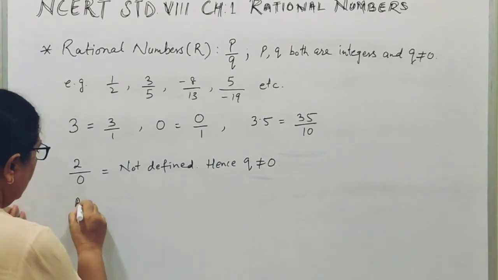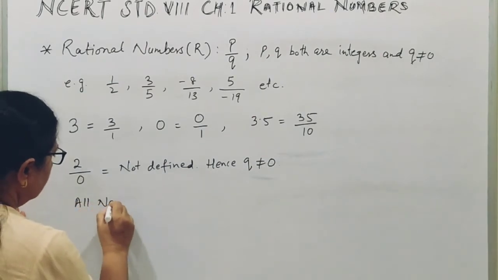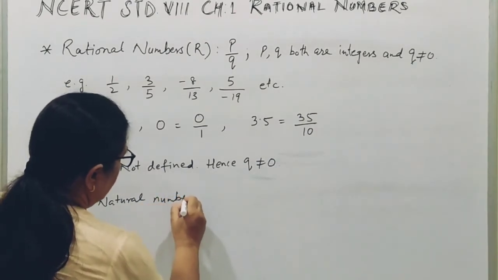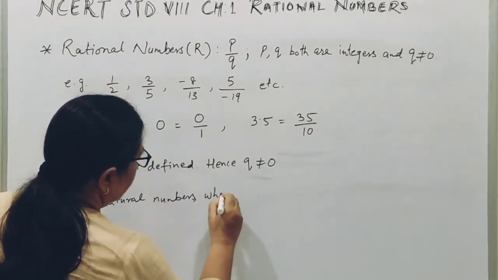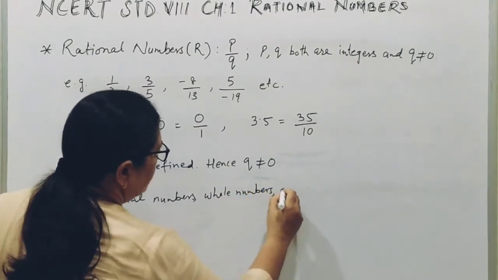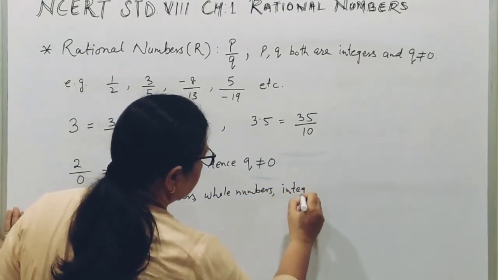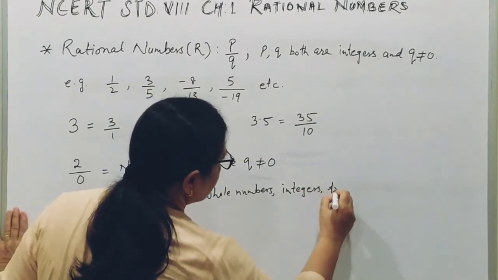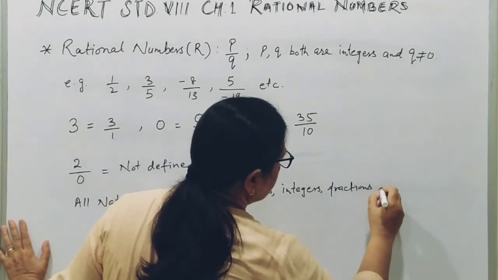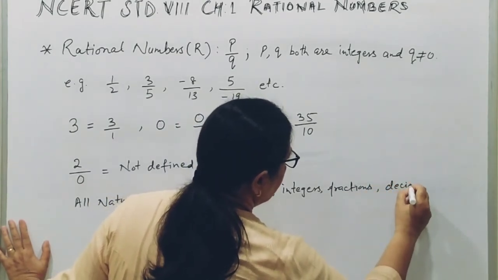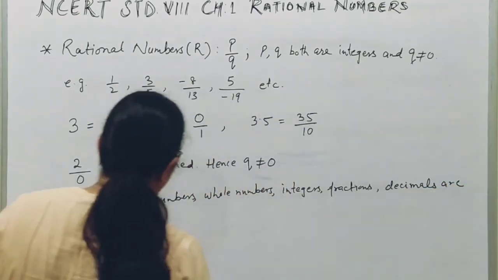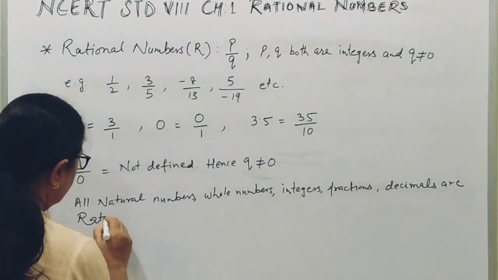It means all natural numbers, whole numbers, integers, fractions, decimals are rational numbers.